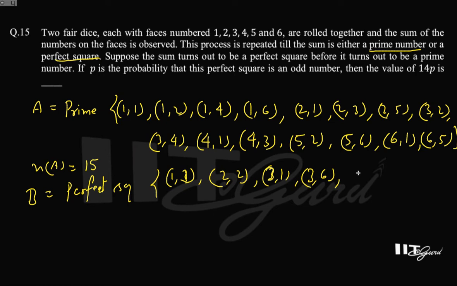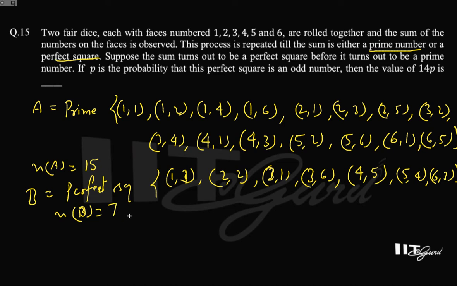Then 4 5, yes, 4 5 is also there. So 5 4 will also be there, and 6 3 is there, yes. Fine. So the number of perfect squares, n of B, is equal to 7.